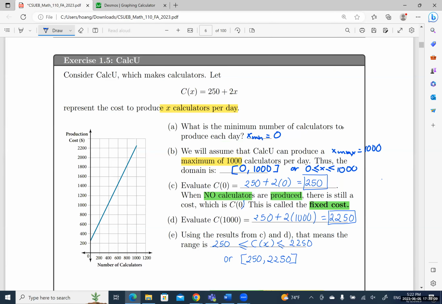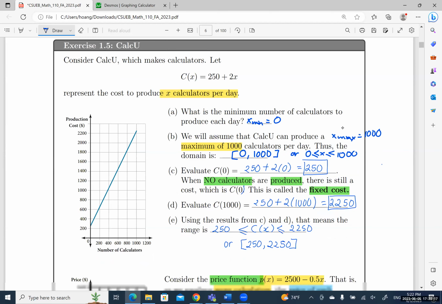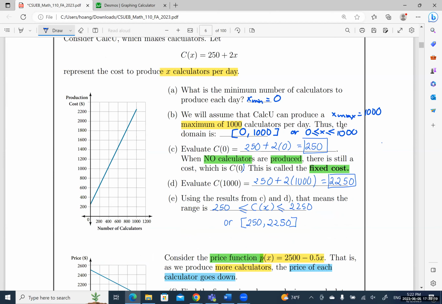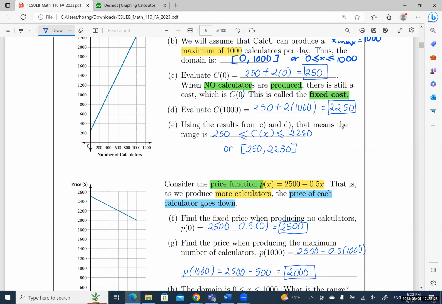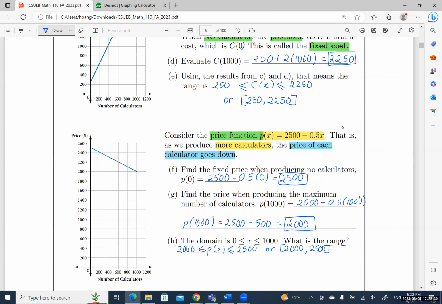The cost function is an increasing line, and the price function here is also a line, decreasing.